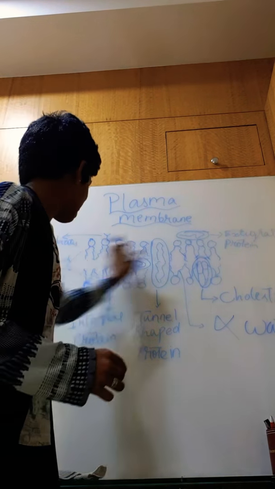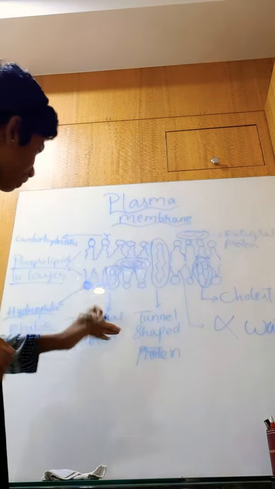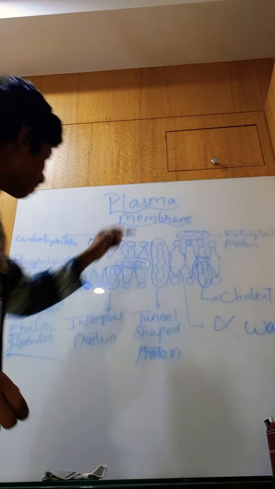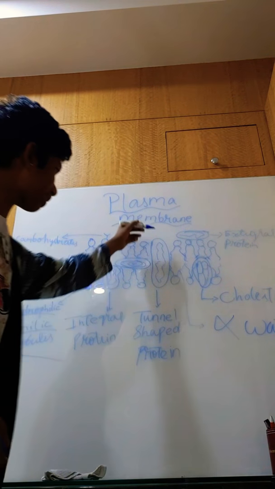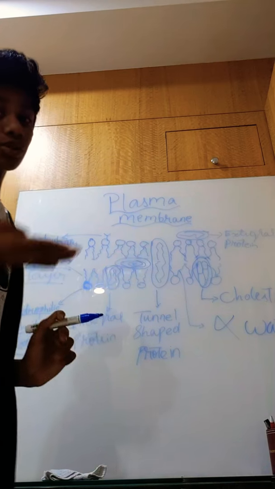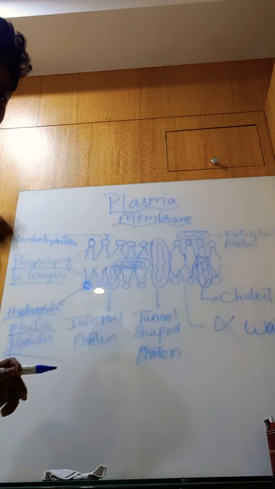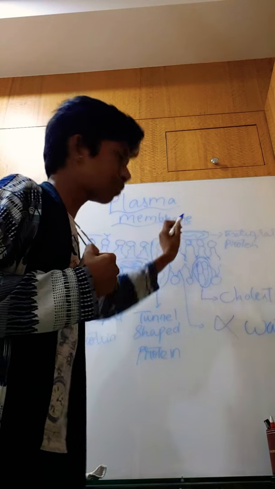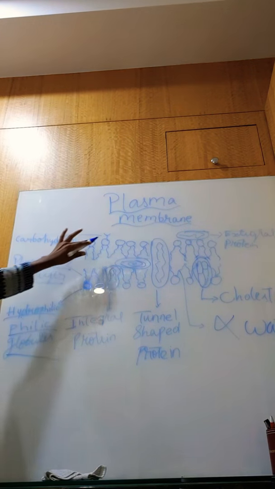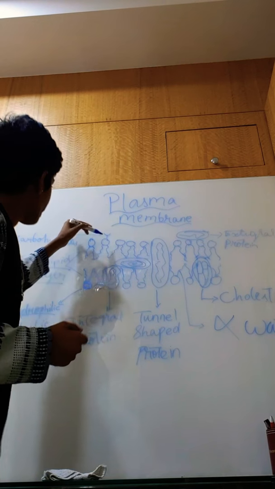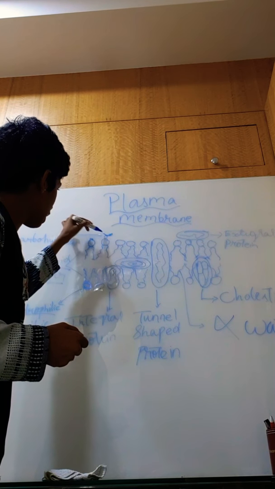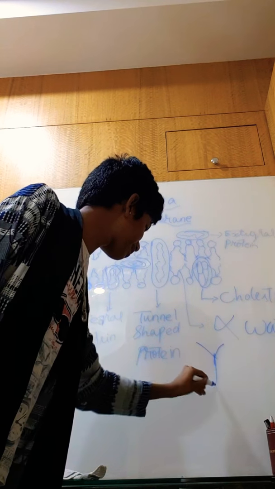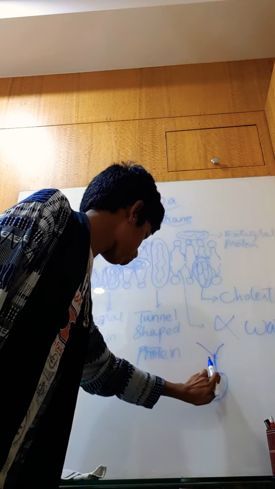In this layer you can see this tunnel-shaped protein. The plasma membrane has proteins out here, and it also has integral proteins, and these globules have carbohydrates on them like this.